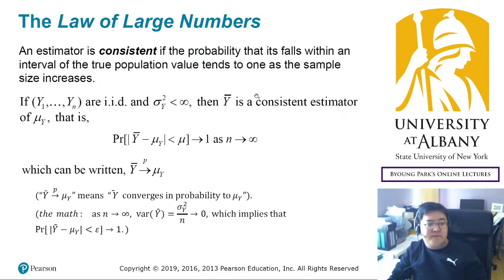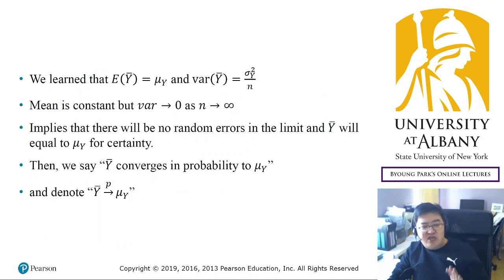Combining them takes many mathematical steps, but you don't need to know them, just understand the key idea. If you take these two results, the mean and the variance, then as I said, as n goes to infinity, the variance goes to zero. So the sample average will have no random errors in the limit.